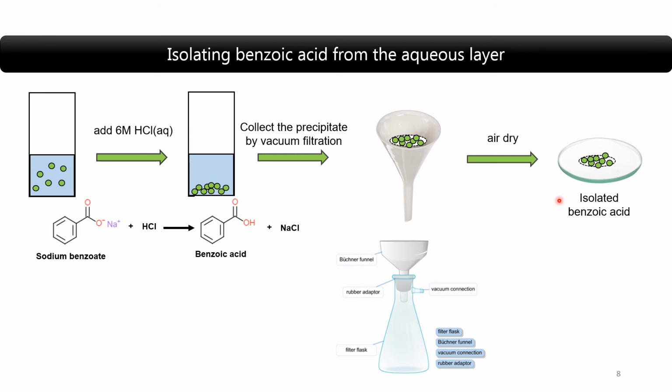Down here is just an example of how the filtration system is going to be set up. So in this picture, there's a Buchner funnel, but we sometimes use that funnel or the Hirsch funnel, the top picture here.